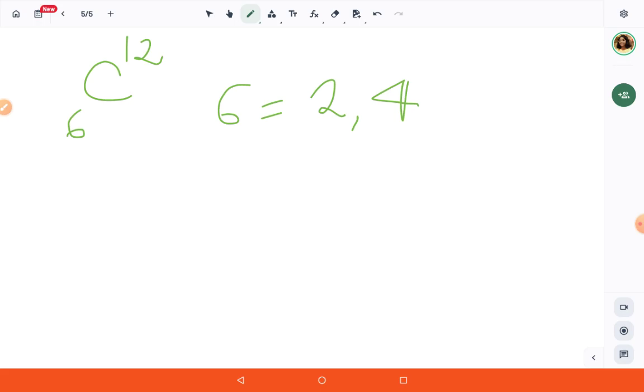In the valence shell, carbon has 4 electrons, so the valency is 4. It can lose 4 electrons, or it can gain 4 electrons, so it can have a charge of plus or minus 4, because it can gain and it can lose.